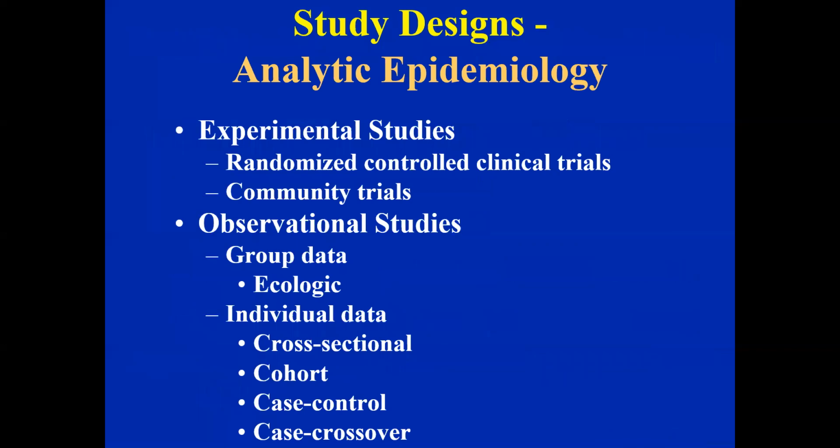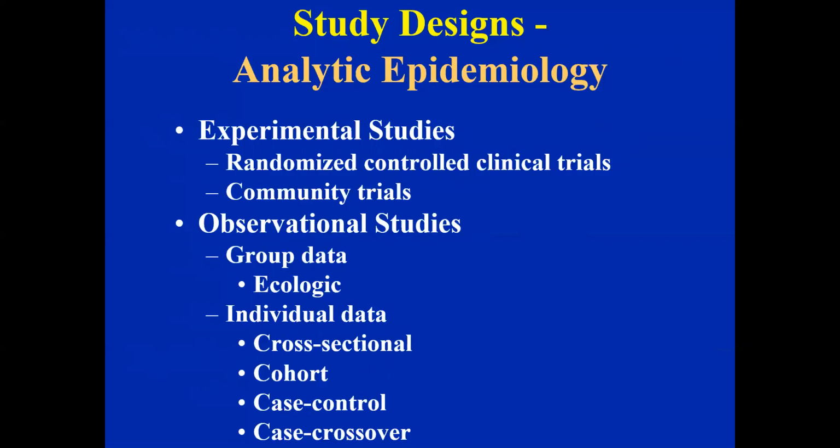What are the study designs which fall under analytic epidemiology? We have our experimental studies. I think we've discussed this in the first lecture. We've got our randomized control trial. Then we can have community trials and randomized control clinical trials.